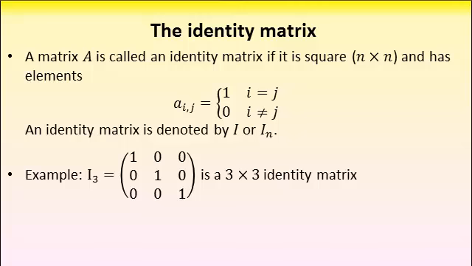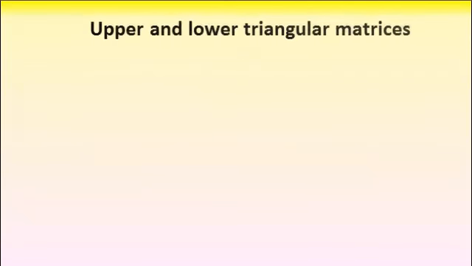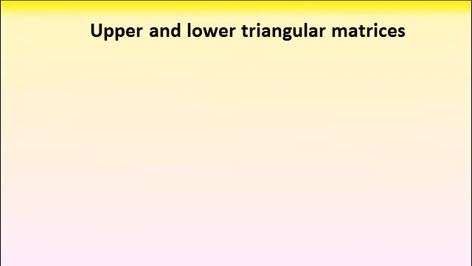Another type of matrices, not as simple as the diagonal matrices, but still simpler than the general type of matrices, are upper and lower triangular matrices. Those also play an important role in matrix algebra. So remember, for a matrix to be diagonal, it must be square and only the diagonal elements are allowed to be non-zero.